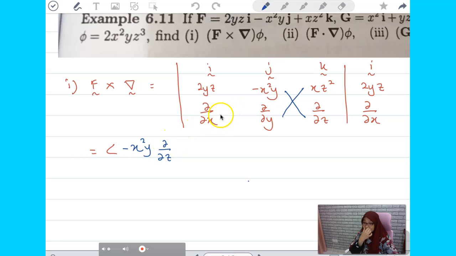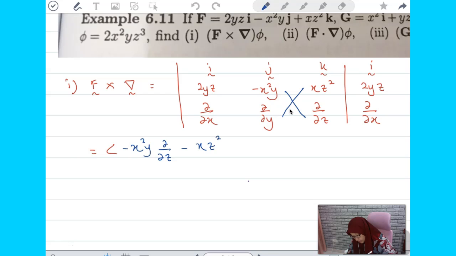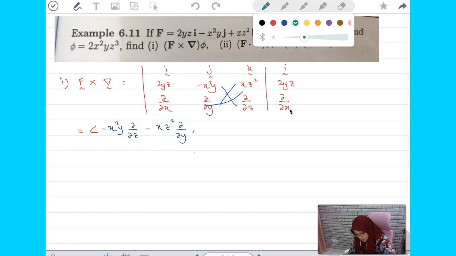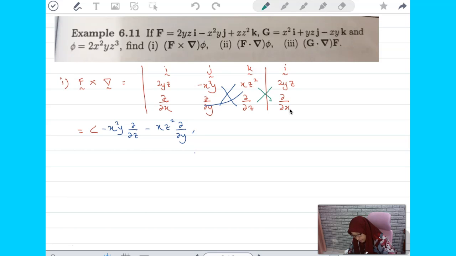Okay, so then minus xz squared del y. Okay, so that is for the x component. So now you go to the j. So you have xz squared del x minus 2yz del z.